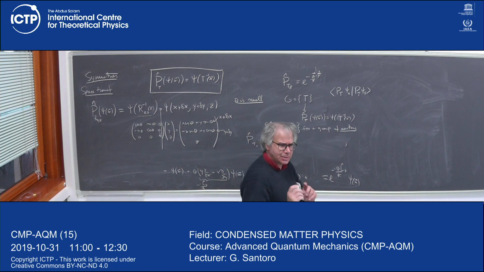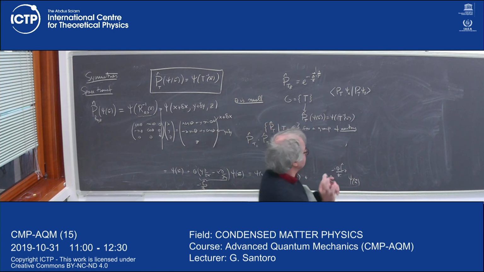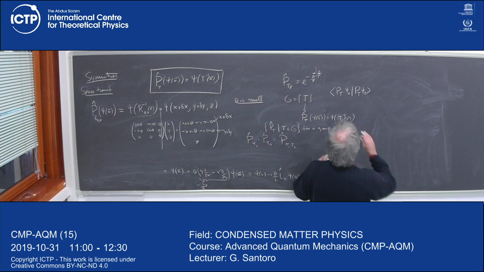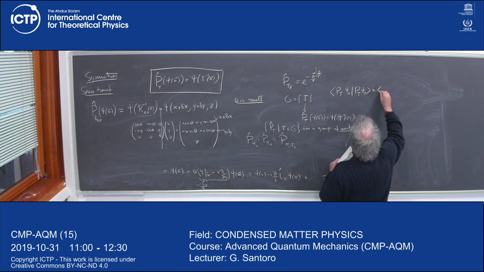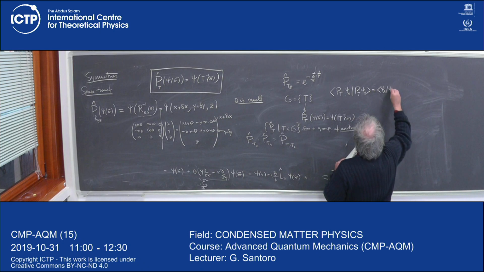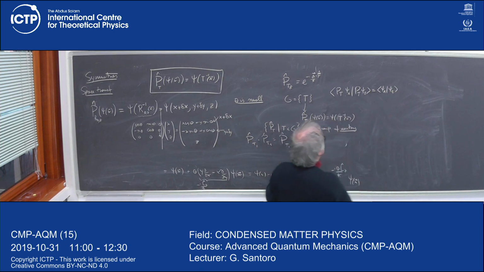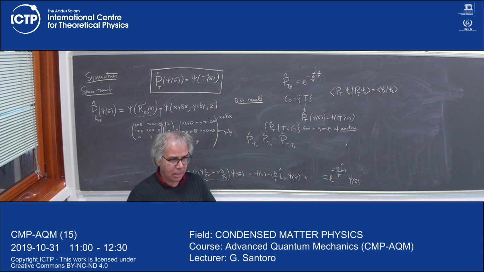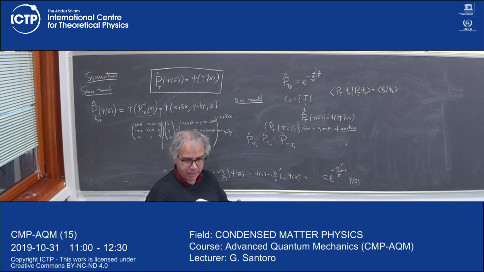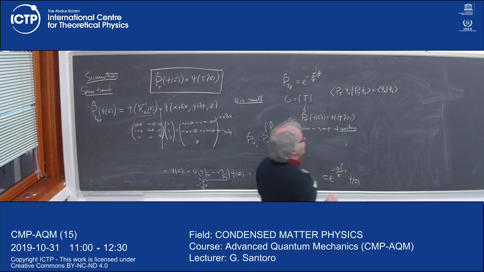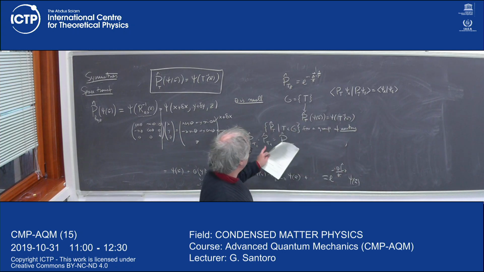I don't know if we stress this well enough, but this is the definition of a unitary object. So something for which the scalar product of two vector elements in the Hilbert space is not changed. Okay? So I have to verify this to say that Pt is unitary, right?